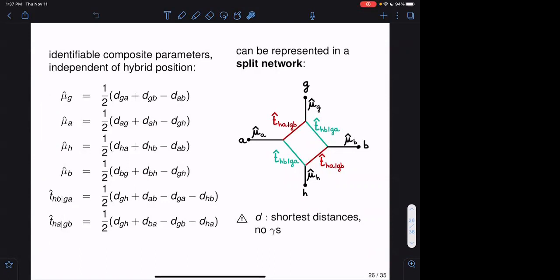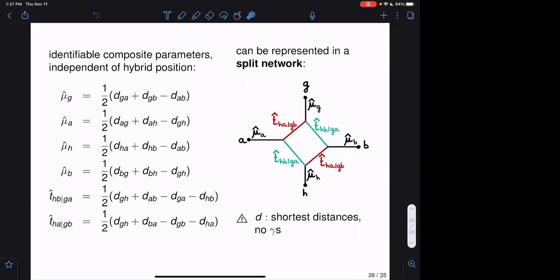In a split network, we have two pairs of split edges. One pair is here. They represent only one thing. They only represent one split, AB separated from AH separated from GB. And so they only have one weight, and they are represented as parallel because they have the same length, they represent the same thing. And this other pair also represents just one split with one weight.